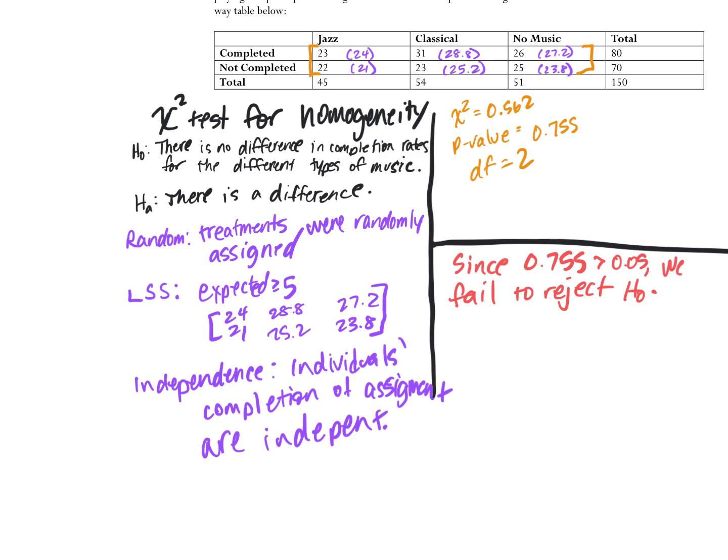So, therefore, we cannot conclude there is a difference in completion rates for the types of music.